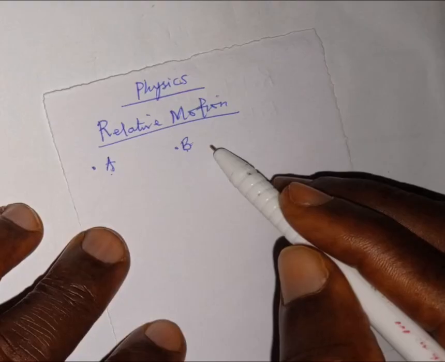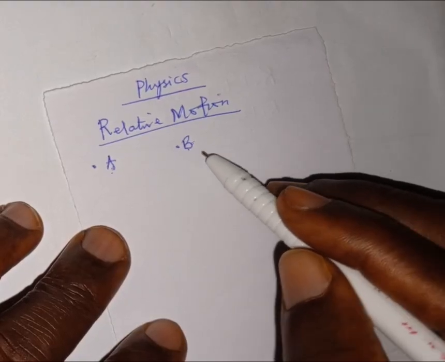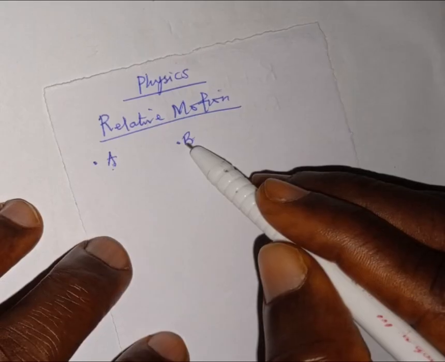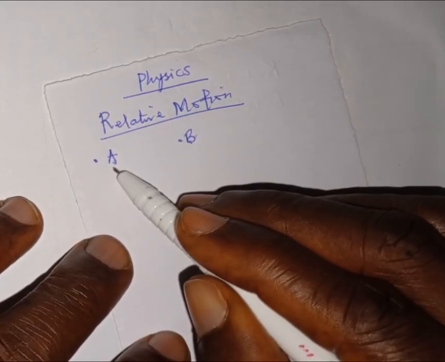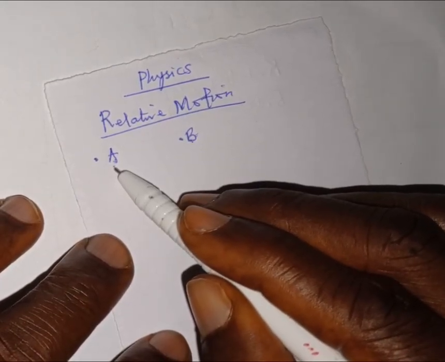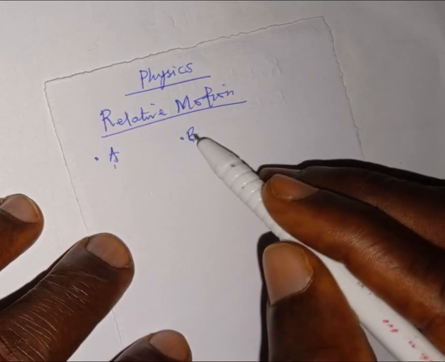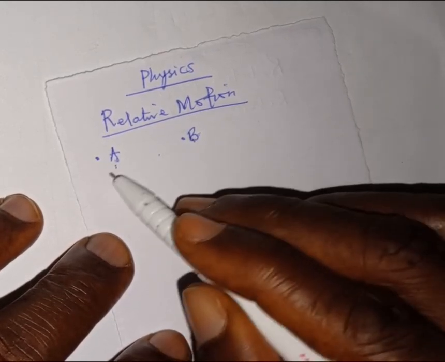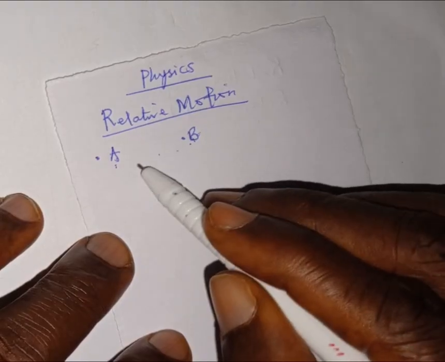It could also be that B is in a stationary position while A is already in motion. The motion could also be that both are in motion but in opposite directions.